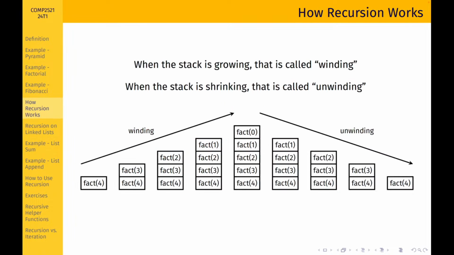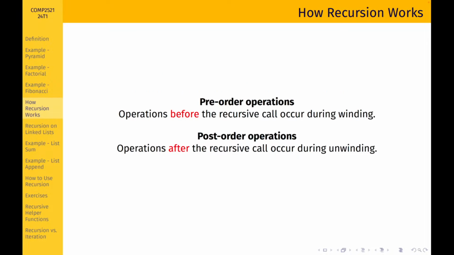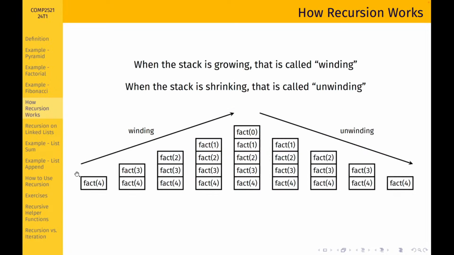Okay, and one more thing to take it even further. I'm borrowing some terminology from later in the course, which is pre-order and post-order, but I'm going to use them here because it's a neat way to describe them. Due to how the recursion works, if you put any operations before a recursive call, then they're going to occur during the winding phase, while the stack is growing.